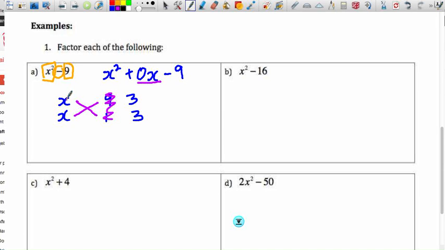What we can see, however, is that x by 3 is going to give us 3x, x by 3 is going to give us 3x, and as long as we ensure one of them is a plus and one of them is a minus, this will allow us to eliminate our middle term, and at the same time get x squared for our first term and minus 9 for our last term, and here we have a successful factoring of the difference of two squares.